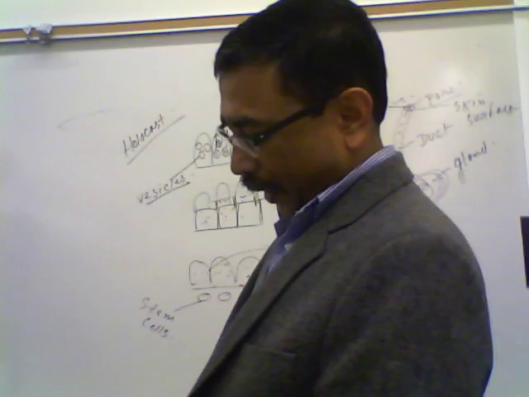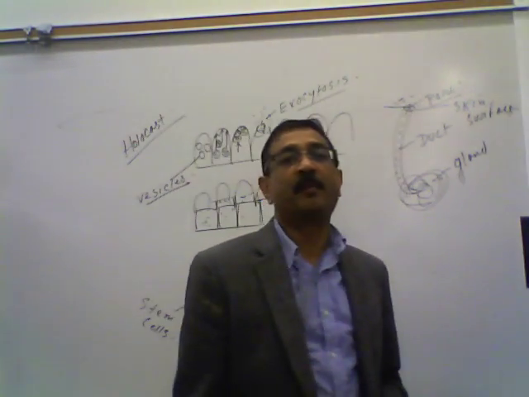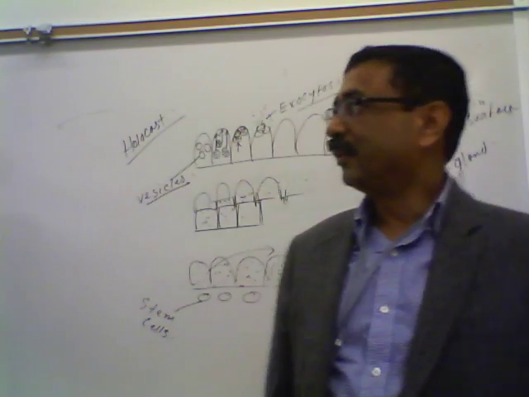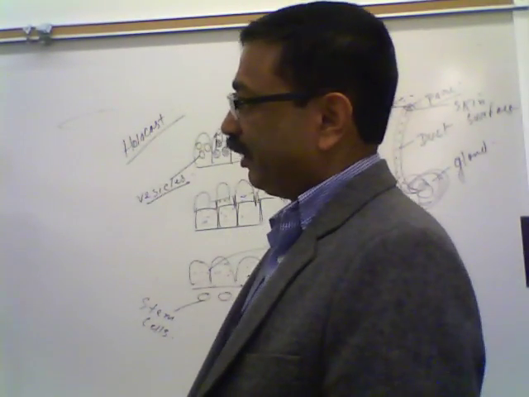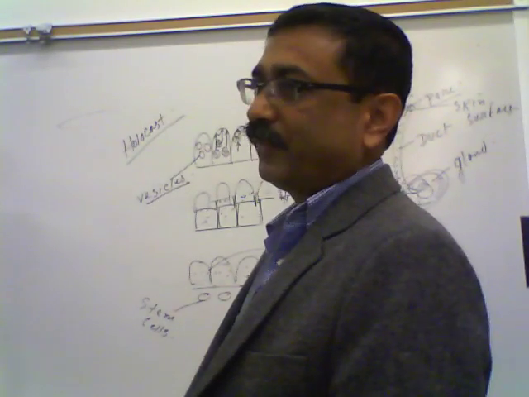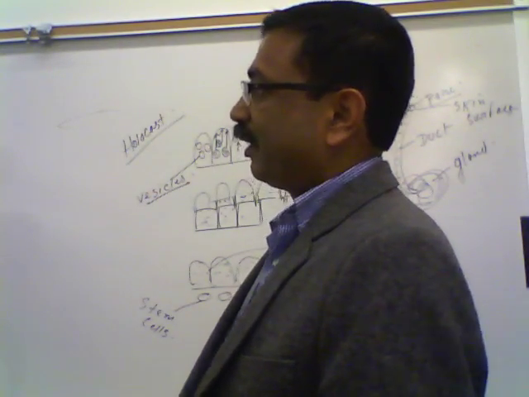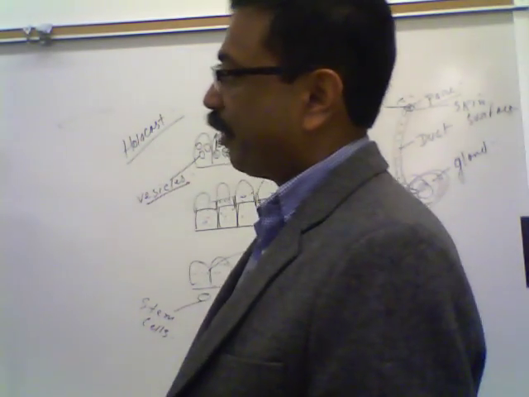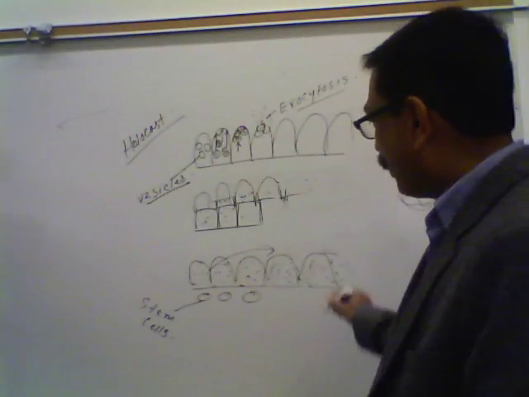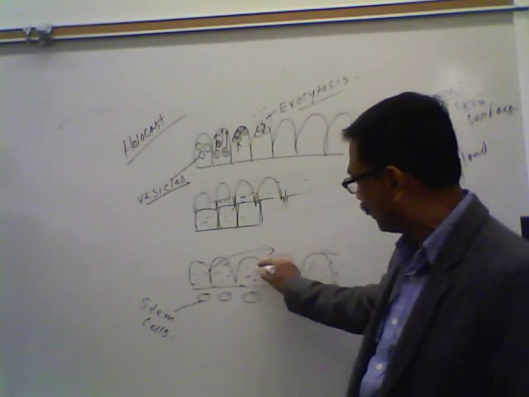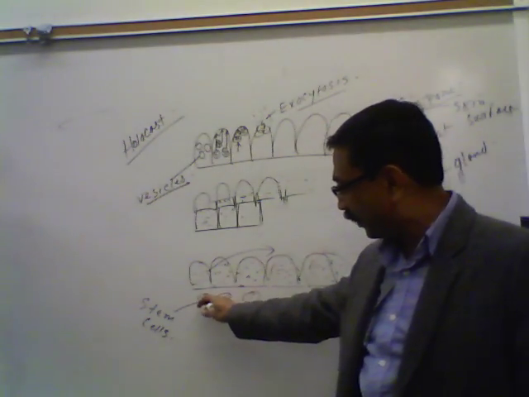The sebaceous glands become active at puberty, and the secretion is called sebum. The oily chemical that is secreted is called sebum. And the secretion occurs by holocrine. You remember holocrine, the whole cell is destroyed, so new cells must be produced from the stem cells.